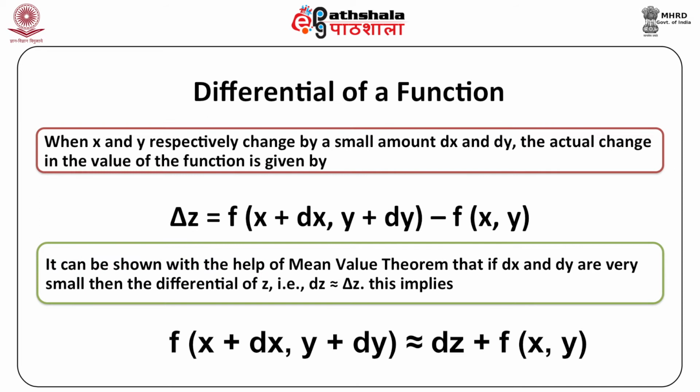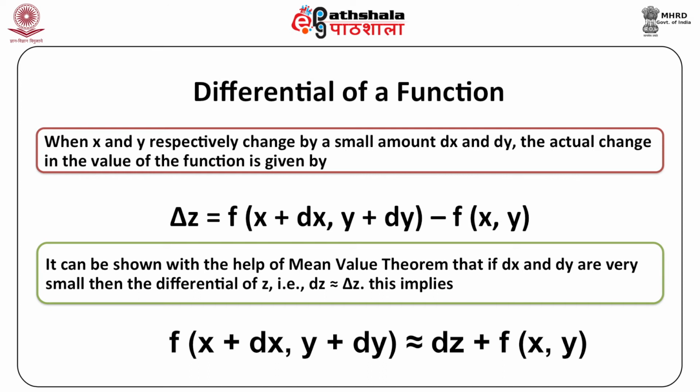When x and y respectively change by a small amount dx and dy, the actual change in the value of the function is given by delta z is equal to f(x plus dx, y plus dy) minus f(x, y).